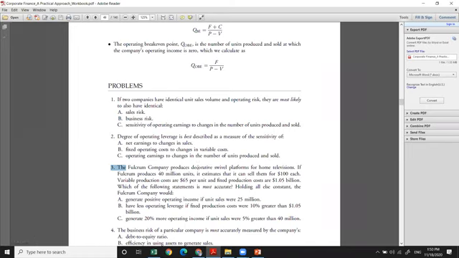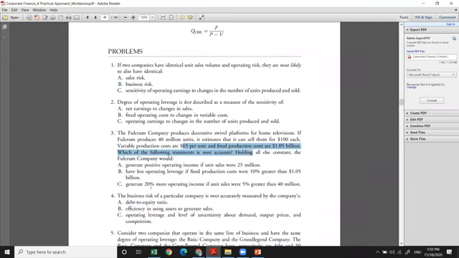So Fulcrum Company produces decorative studio platforms for home televisions. If Fulcrum produces 40 million units, it estimates that it can sell them for 100 each. The variable production cost is 65 per unit and fixed production costs are 1.05 billion. Which of the following statements is most accurate, holding all else constant, ceteris paribus?